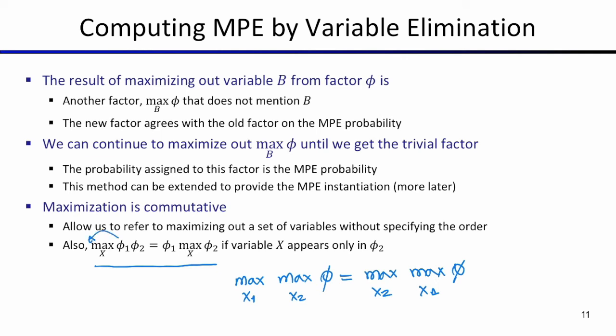So it's going to be equal to phi1 times the maximum over x of phi2. In this case, we can remove the factor phi1 and eliminate the variable only in phi2. So we can do this localized elimination of variables, which is more efficient than multiplying the factors together first and removing the variable later.